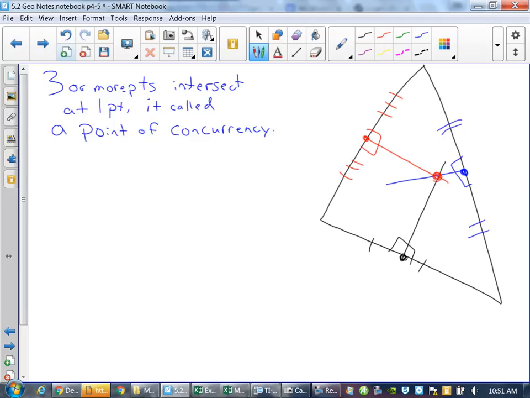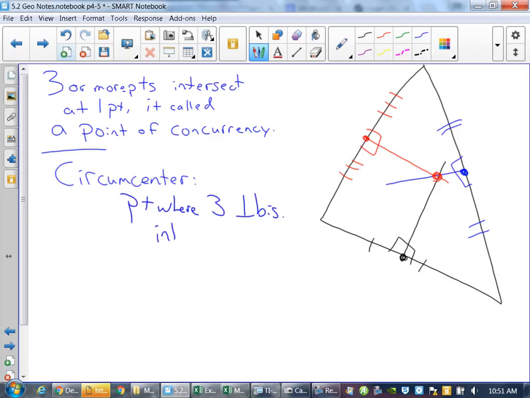The circumcenter is the point where three perpendicular bisectors intersect. What'll happen is that when we get into diagrams later on, when we start mixing all these things together, it'll say point R is a circumcenter.